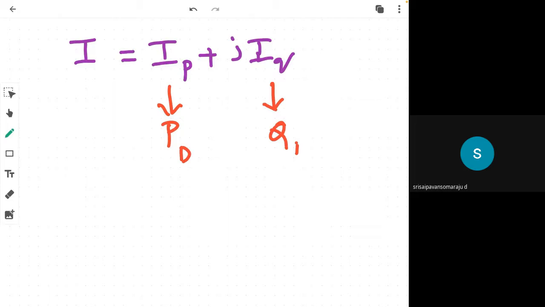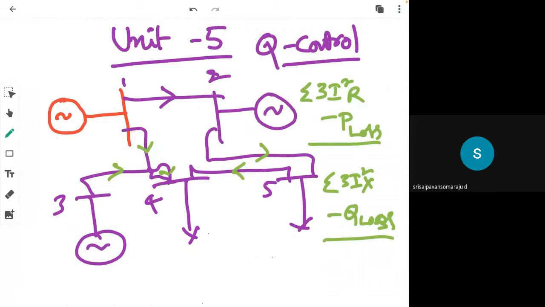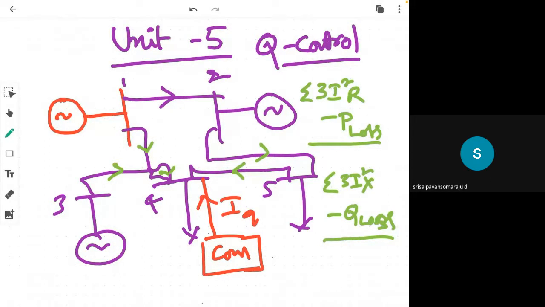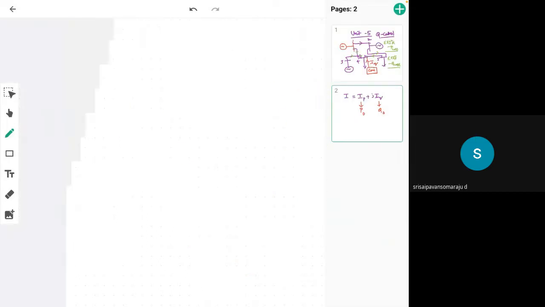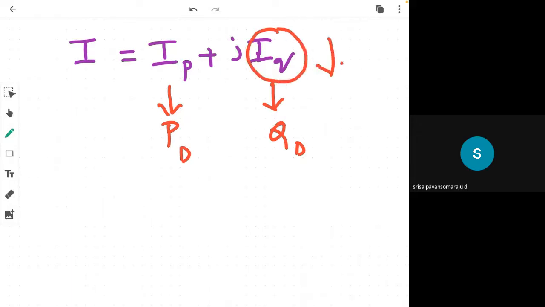So if you supply the reactive power here at the load centers, if you have compensators, this kind of compensators, this compensator will supply some of the reactive current IQ. Therefore, in the lines, the total current can be decreased due to compensators, isn't it? So thereby you can decrease the IQ with the help of compensators.